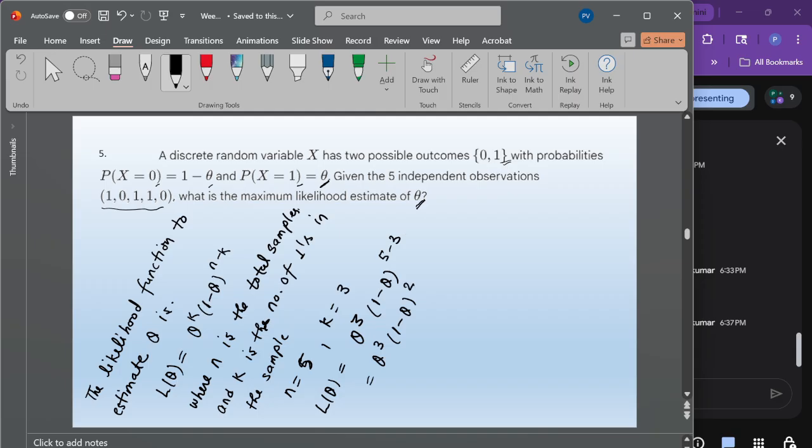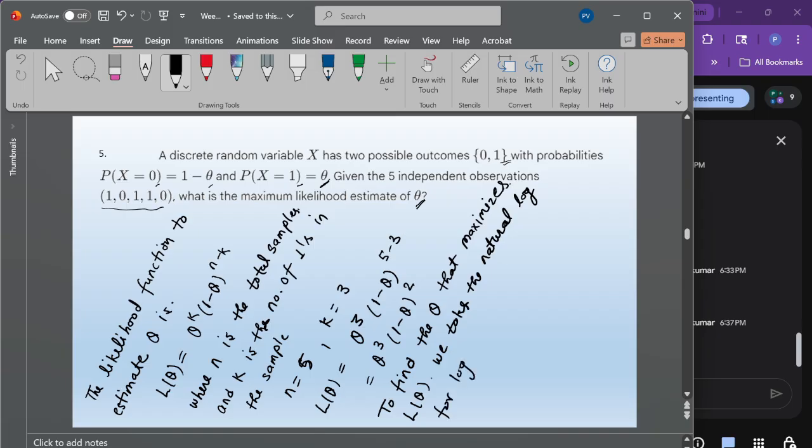Okay, so now we need to find theta. For that we need to maximize L of theta. So to find the theta that maximizes L of theta, we take the natural logarithm, the log likelihood.